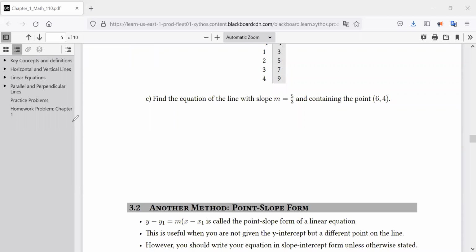So another thing that we can do is if we have the slope and a point, then that is enough information. So either if we have 2 points or a slope and a point, that's enough to define the line.